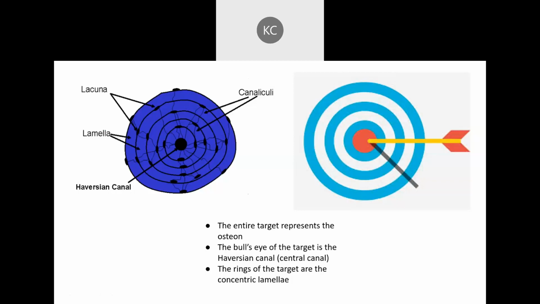Now, the orientation of the osteons with the collagen fibers determines the plane, or the direction, in which bone is able to absorb forces and compression.